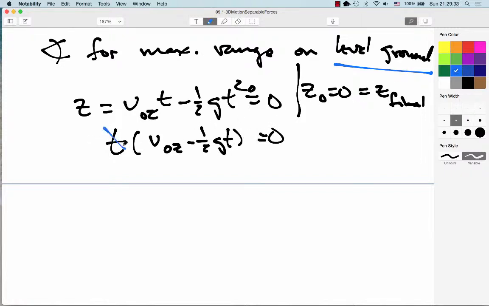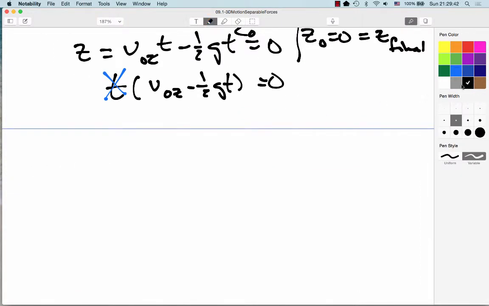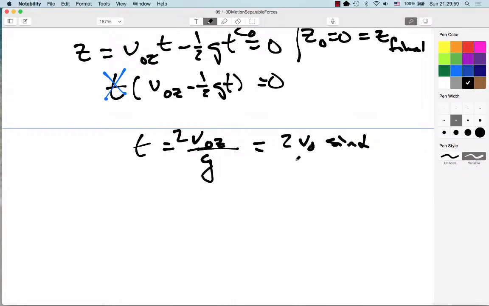Now this solution is just t equals 0, and we're discarding that because that corresponds to where we're launching, not where we're landing. So our time where we land will be equal to 2 v naught z over g, or 2 v naught sine alpha over g. So that's our time of flight. Let's call that capital T.